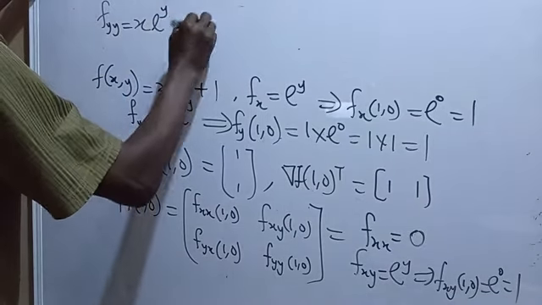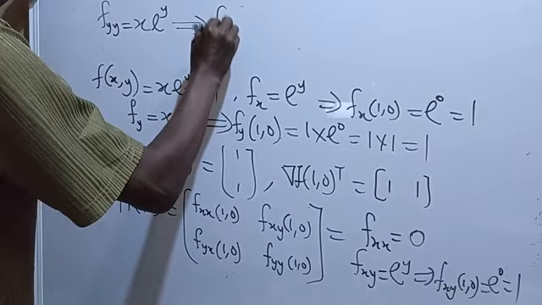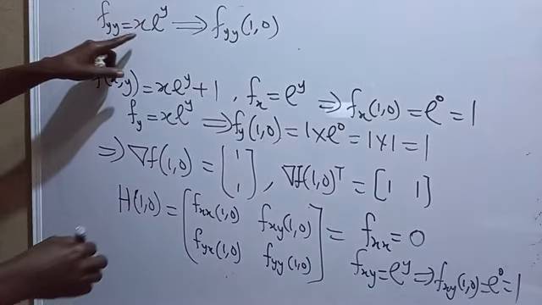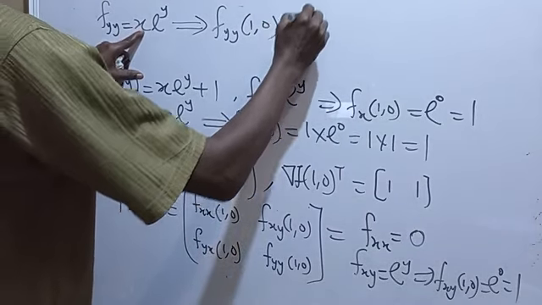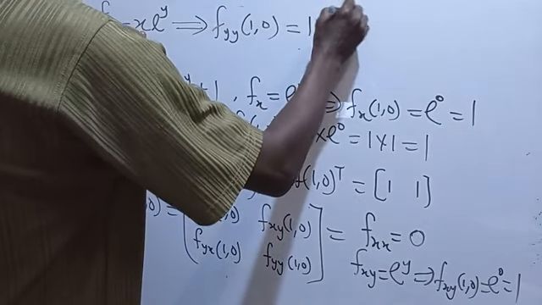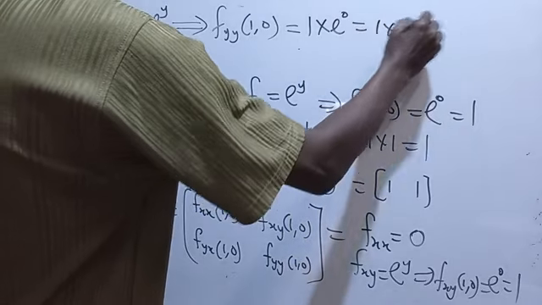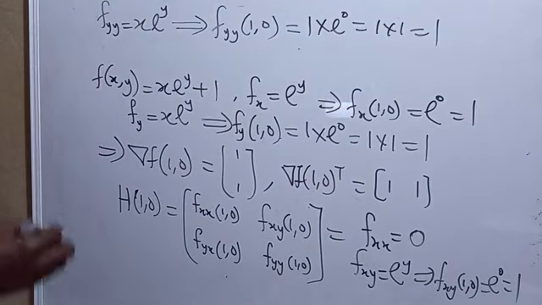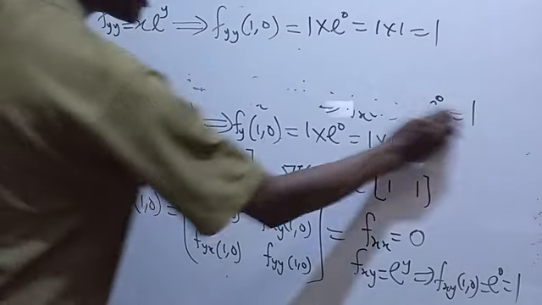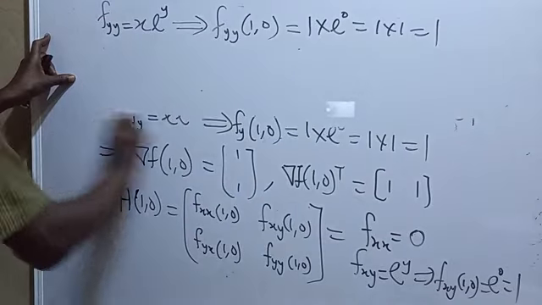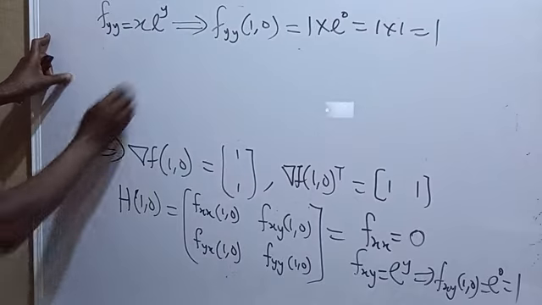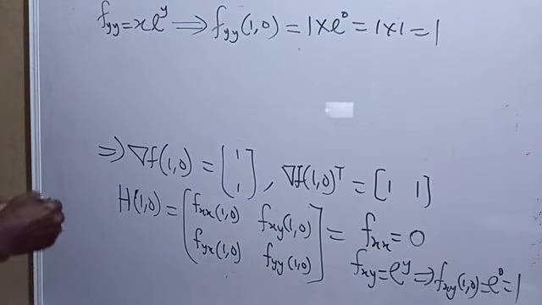Okay, this implies fyy around those points, 1, 0, will be what? 1, because our x is 1, times exponential 0. That is 1 times 1, which is 1. Okay, I think that we are following. Beautiful. So now let us write out our Hessian matrix.